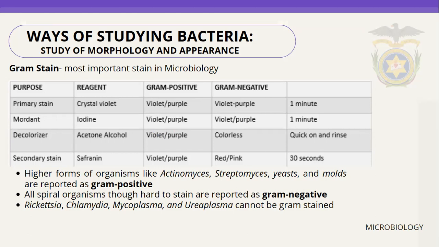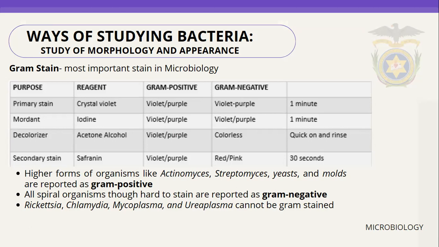Our secondary stain or counterstain, which is safranin, stays for 30 seconds. Gram-positive bacteria will still remain violet or purple, and gram-negative bacteria will absorb the color of the safranin, which will turn red or pink.